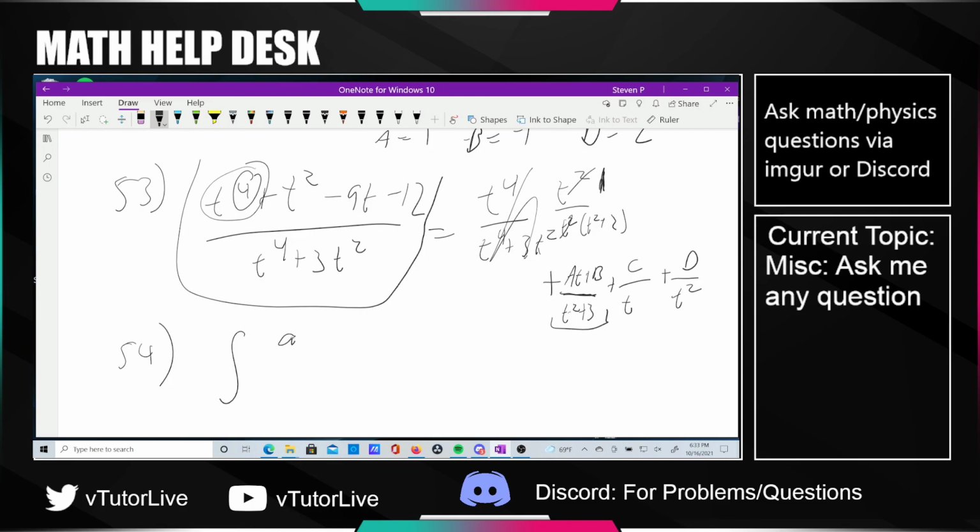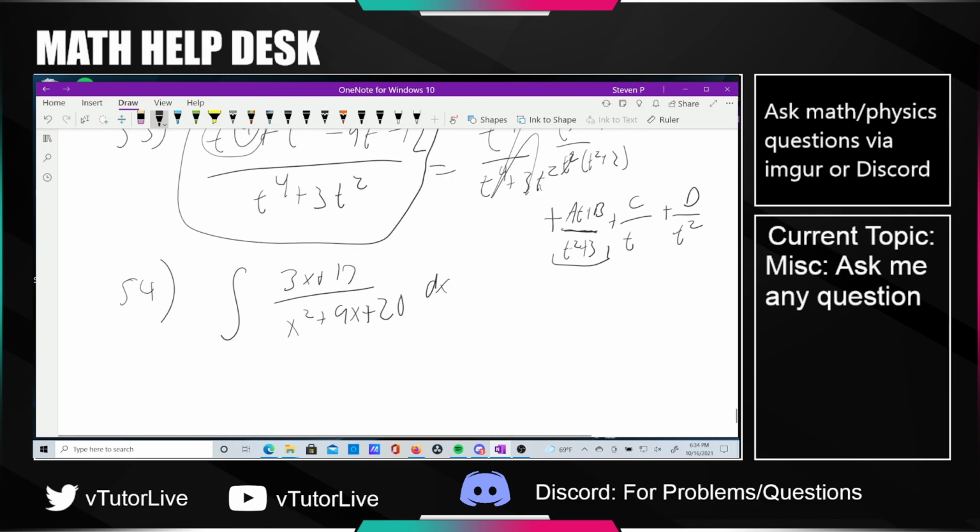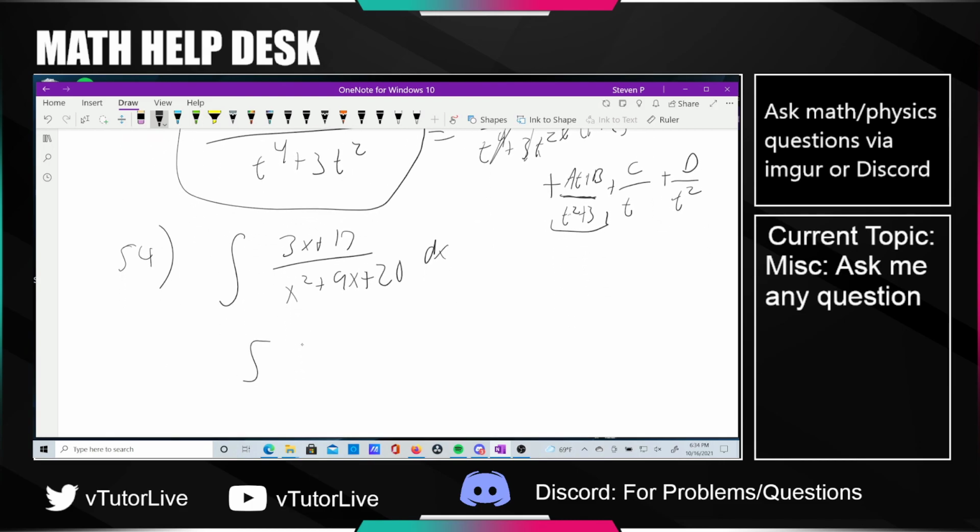So if we have 3x plus 17 over x squared plus 9x plus 20, well, this just turns into an x plus 4 and an x plus 5 on the bottom, with 3x plus 17 on top. So we're basically trying to express this as a over x plus 4 and b over x plus 5, right?